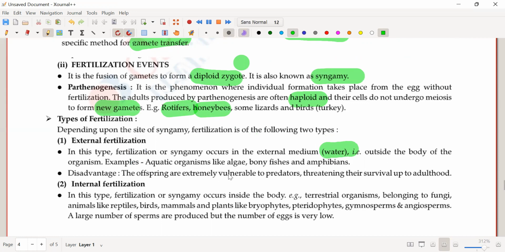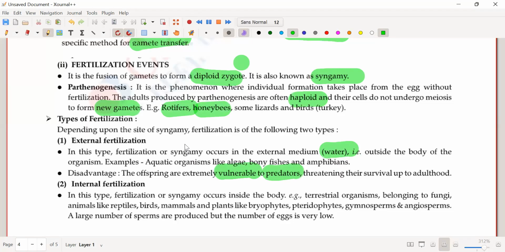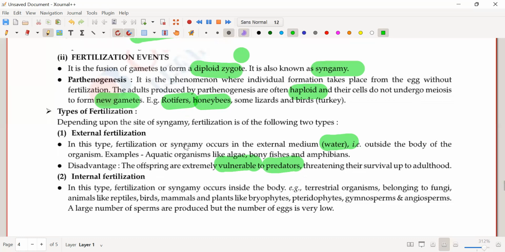Disadvantages: the offspring are extremely vulnerable to predators, threatening their survival up to adulthood. Think about turtles. Out of almost thousands of eggs, only within 10 would hatch and reach adulthood. Each tortoise which comes from the deep sea to the shore to lay eggs will lay thousands and thousands of eggs, and after laying the eggs, it will go off.